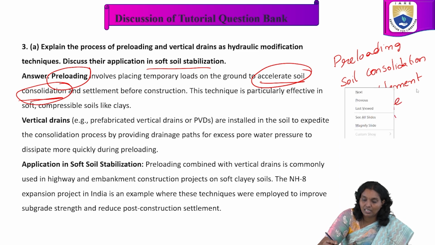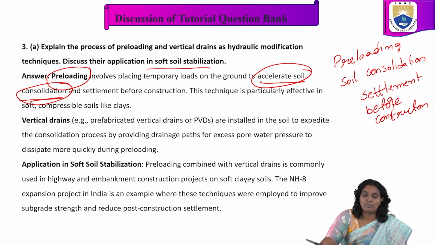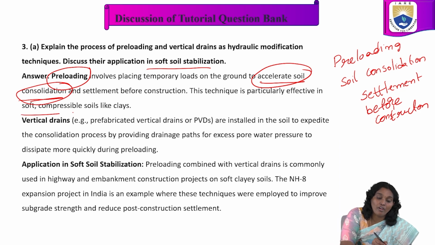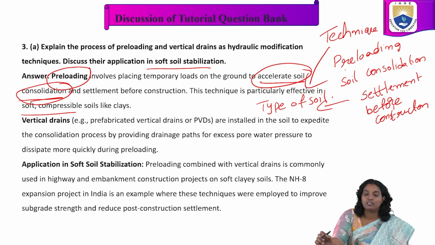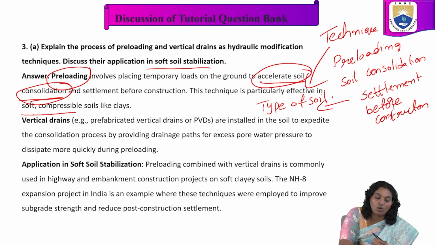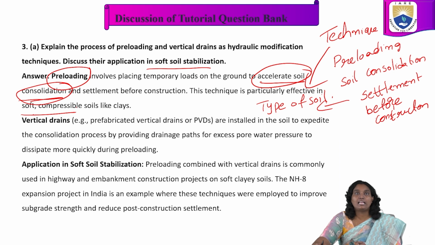Settlement before construction is the technical term which we are going to use. Using technical terminology is very important at the time of the examination. This technique is particularly effective on which type of soil? It's very important. For this particular technique, the type of soil is soft compressible soil like clays.